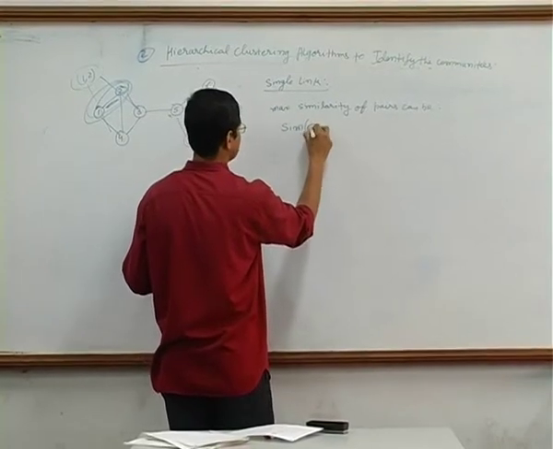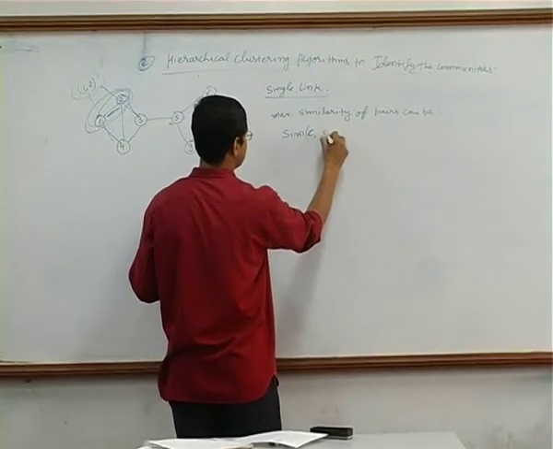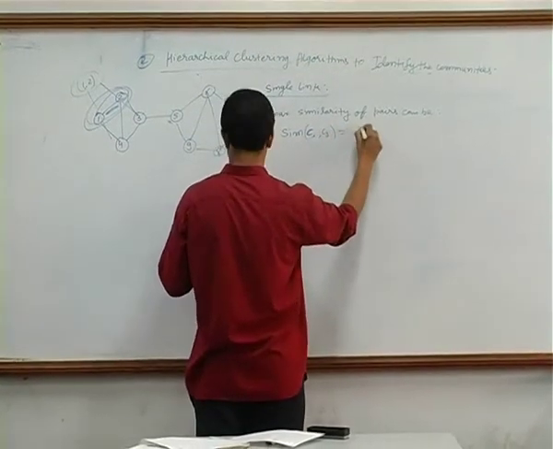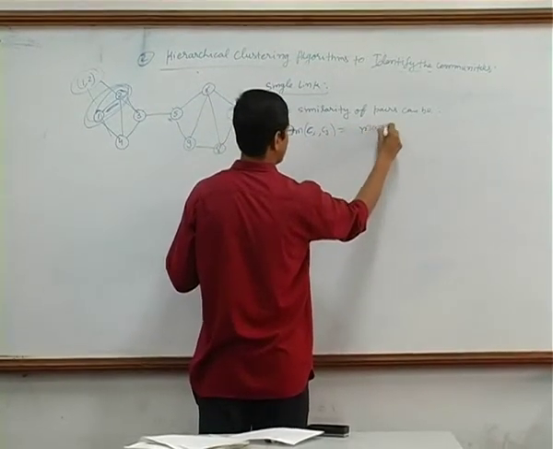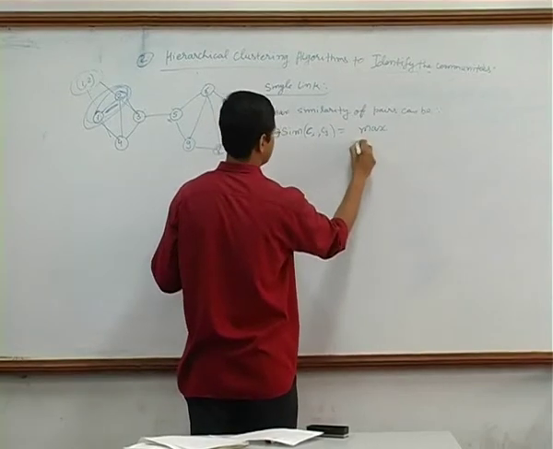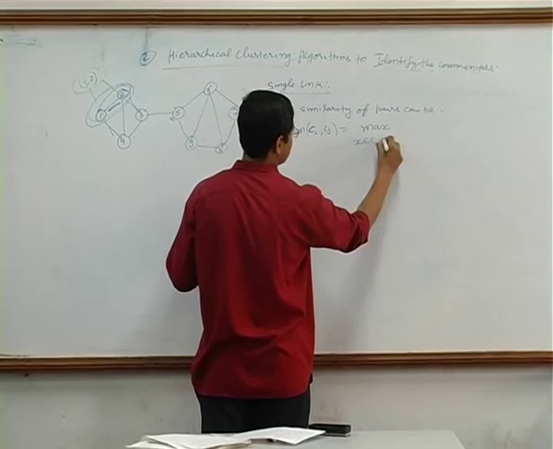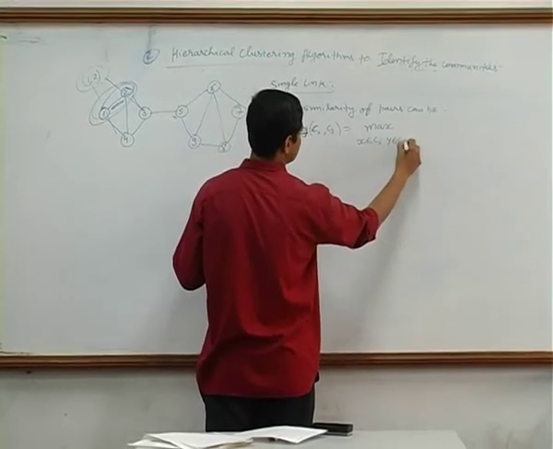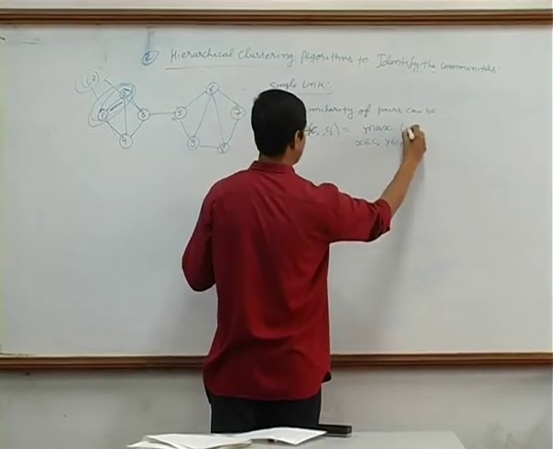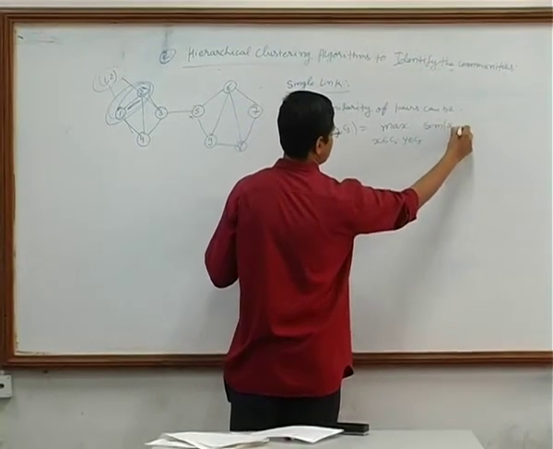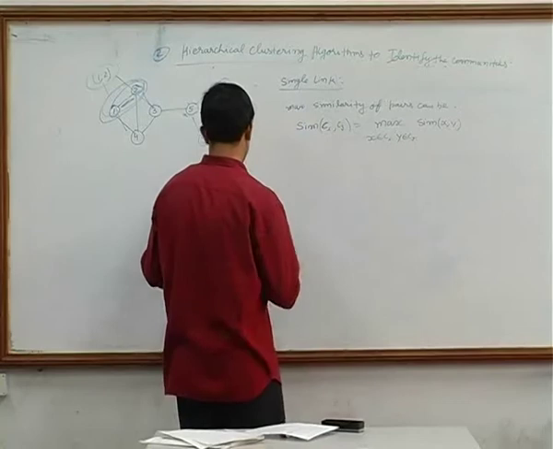Suppose the first cluster is Ci and the second is Cj, then the similarity can be defined as maximum similarity. X is a member of Ci, Y is a member of Cj, then maximum similarity of X and Y.